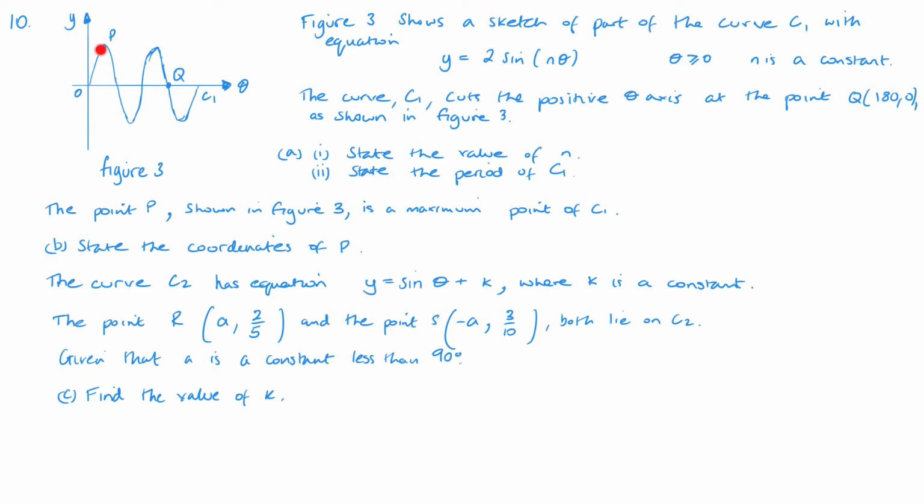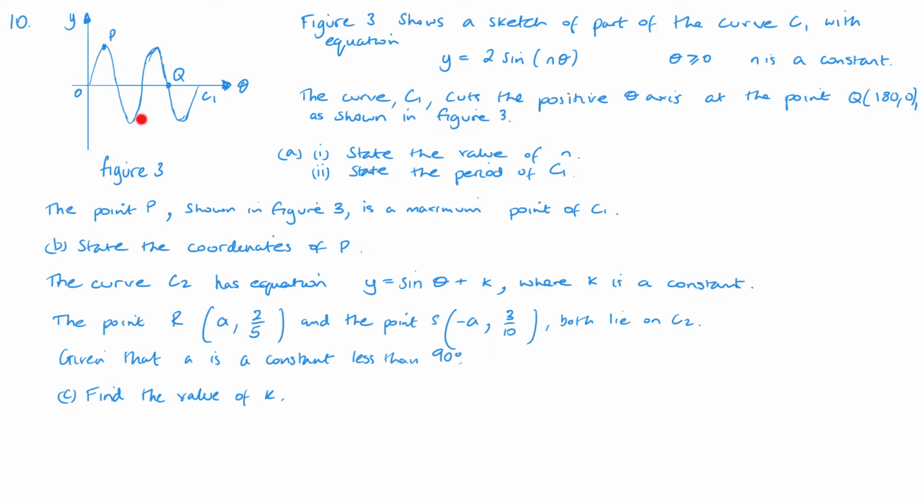So we can see here this is one period or cycle, just one period or cycle to here. Now Q is at 180. Obviously we want to look between 0 and 360. That's what it would normally be for this sine graph over here.